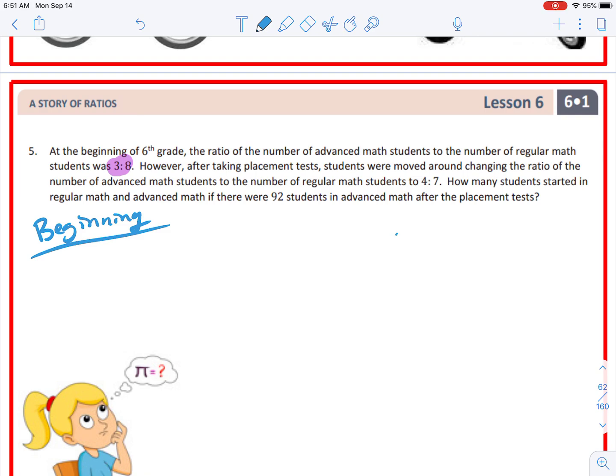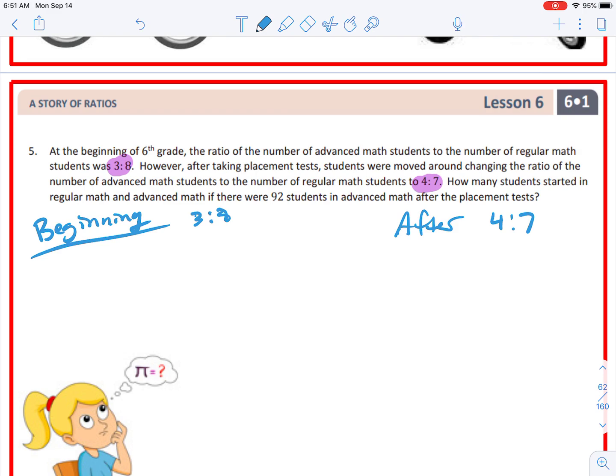So beginning was 3 to 8, after was 4 to 7.